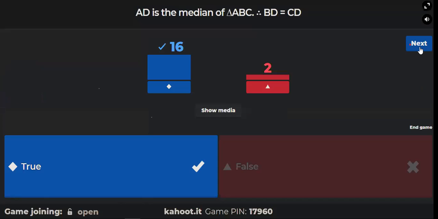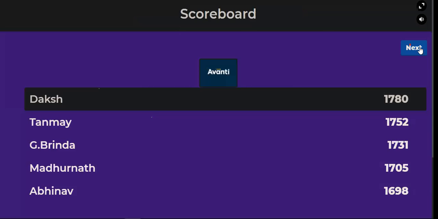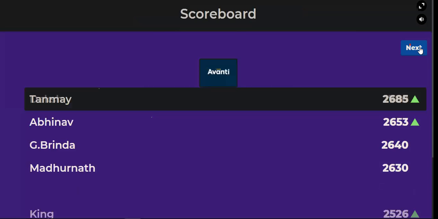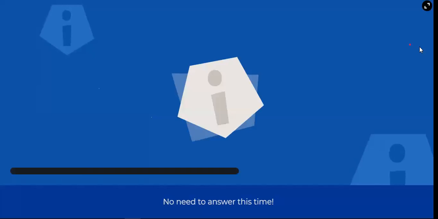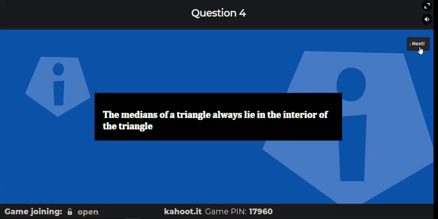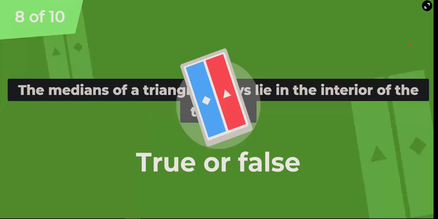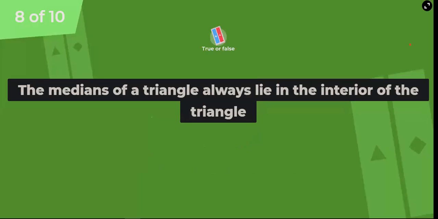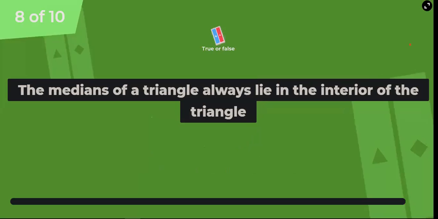It's true, right? Median of a triangle always lies in the interior of a triangle. Again, true or false?